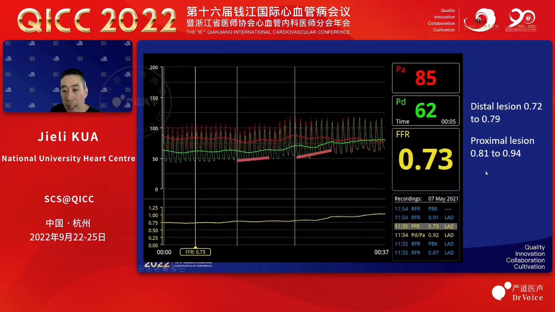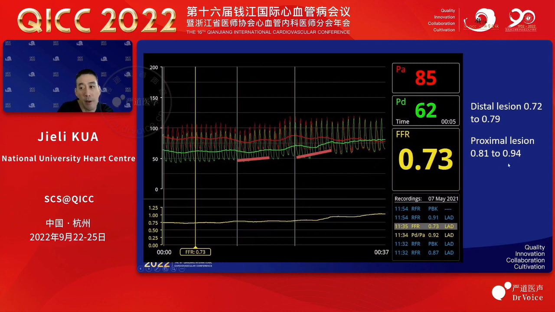I then measured the FFR, which at the lowest was 0.72. I have a habit of doing pullbacks for both, particularly when I was first starting out, because it was interesting to learn the different waveforms and learn how the two differ from each other.